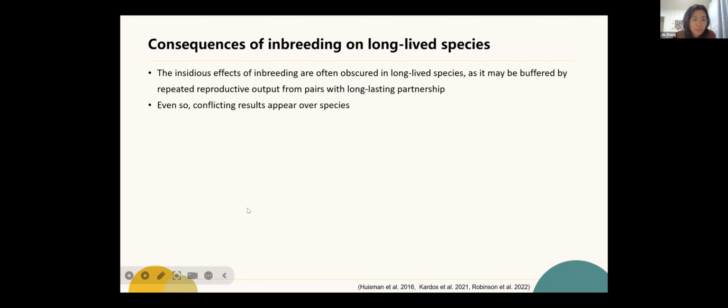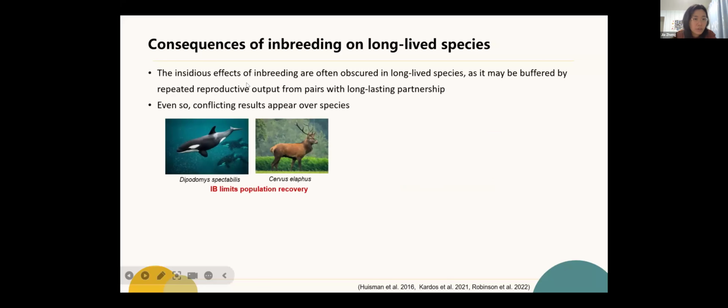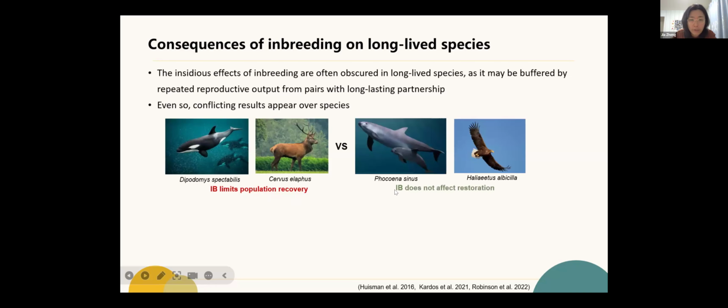But even so, some conflicting results appear across species. For example, in killer whales and red deer, inbreeding was found to limit the population from recovery. However, in Mexican dolphins and white-tailed eagles, inbreeding does not affect the population restoration even when they experience very small bottleneck events.